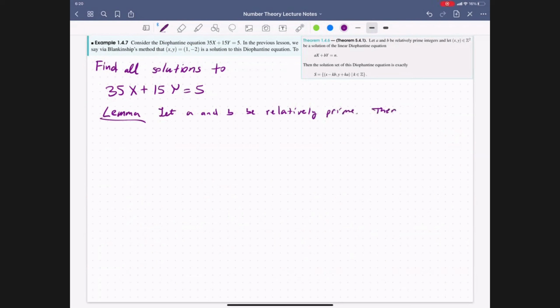Then (u, v) is a solution to ax + by = 1 if and only if (u, v) is a solution to (an)x + (bn)y = n for any integer n.